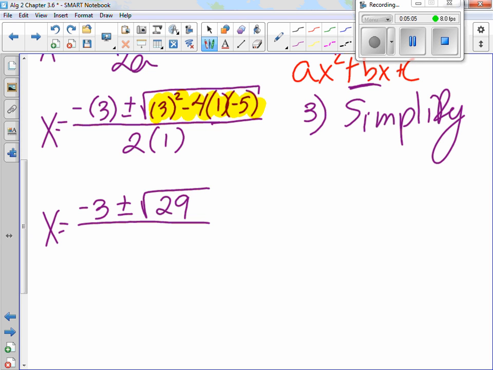We wouldn't do the plus or minus right now, because there's really not a plus or minus button in the graphing calculator that we can use. Did y'all get 29? Yes.